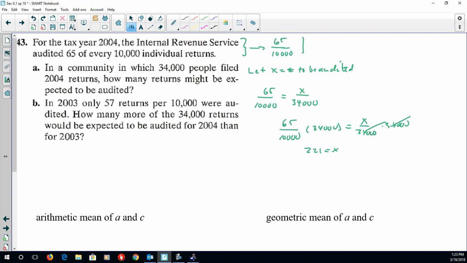Okay, so this is 2003. 57 out of 10,000 is the overall ratio that's audited. And this is going to be some number, I don't know. Y over 34,000, where Y is the number in this community audited in 2003.